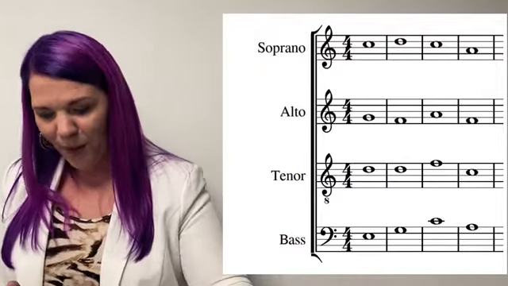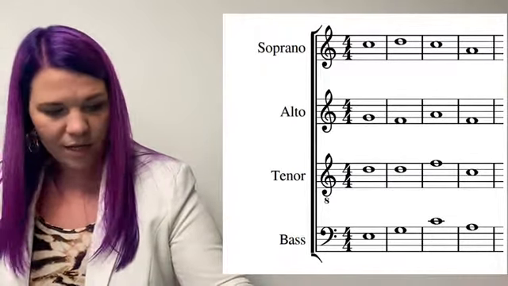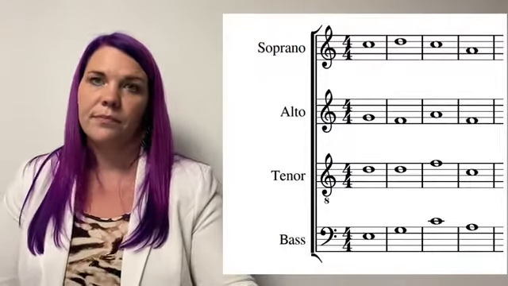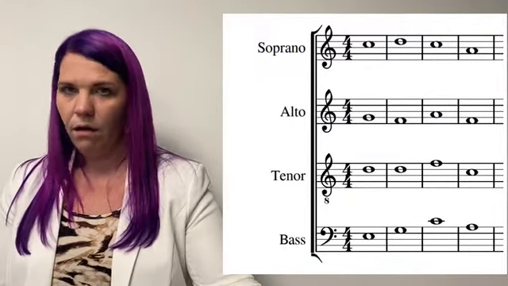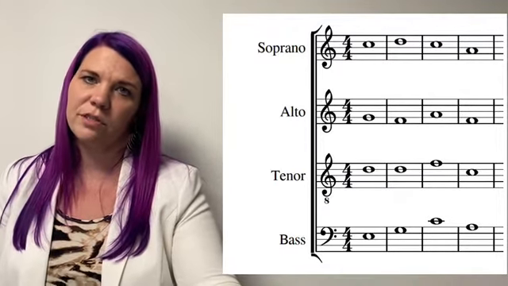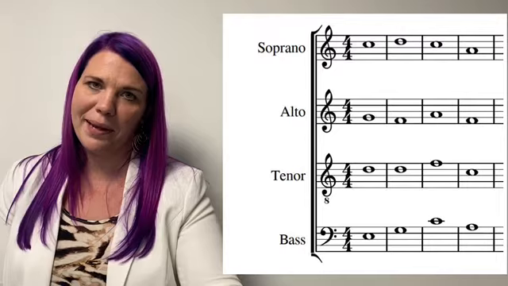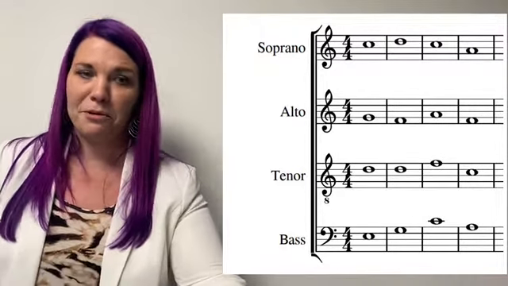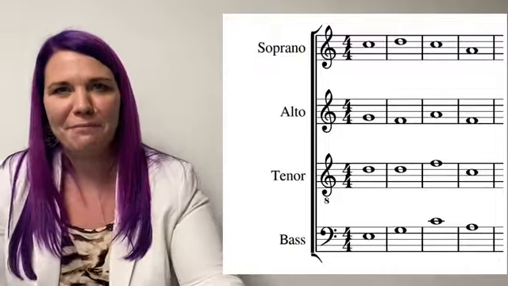But our bass part, we are starting on an E, and it's this E, which is a little low in a female voice. I can just about make it, because I have a relatively deep voice. But for most female voices, that would be a little too low for them to be singing.